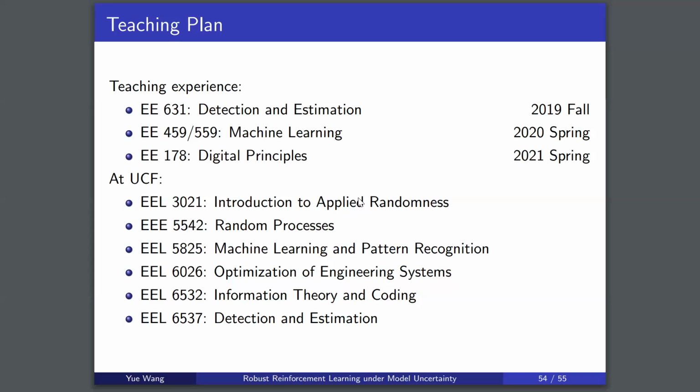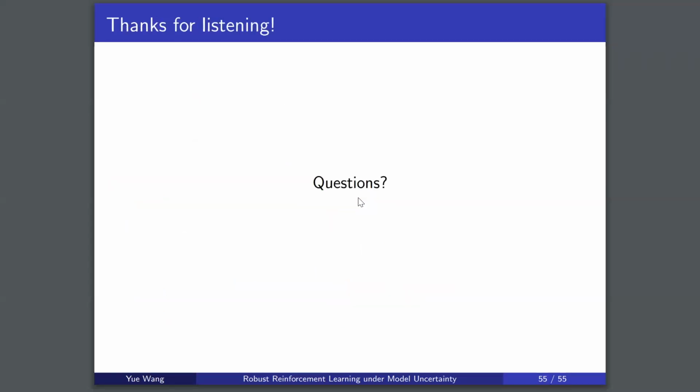Here at UCF, I'm able to teach courses like random process, machine learning, optimization, information theory, or detection and estimation. I will also aim to develop my own courses like advanced reinforcement learning, advanced deep learning, or advanced topics in optimization or statistics. Okay, that's all for my presentation. Thanks for listening.